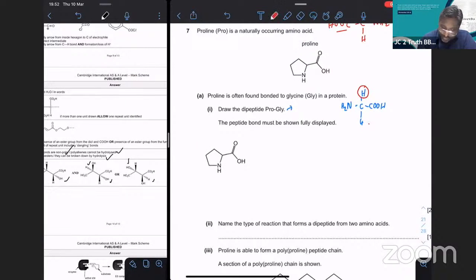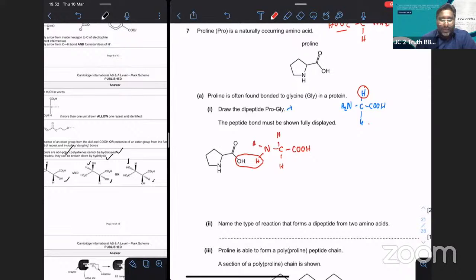So this one I'll write NH, and then CH, COOH over here. What happens? The hydrogen from here and the OH over here are going to react. That is the only thing that is going to happen.